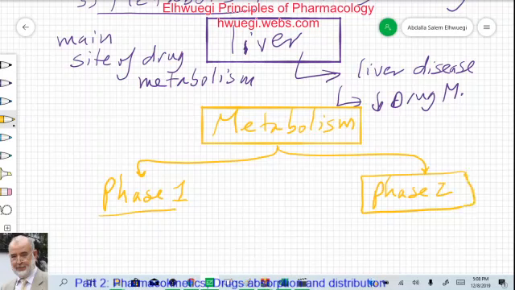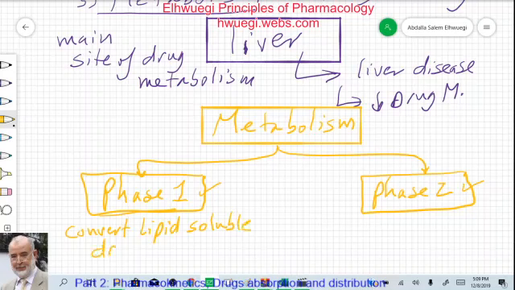Okay? Metabolism in the liver takes place through two phases. Phase 1 metabolism, and phase 2 metabolism. The main function of phase 1 metabolism is to convert lipid-soluble drug to water-soluble drug or metabolite.